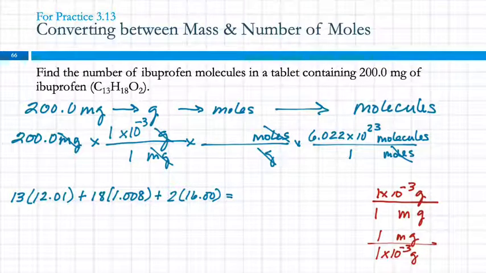So molar mass, 13 times 12.01 plus 18 times 1.008 plus 2 times 16. So my calculator says that.